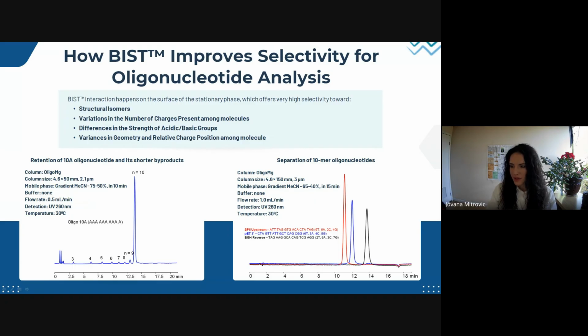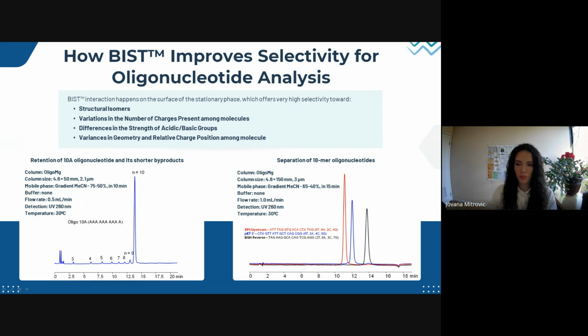On the left, we see separation of 10A oligonucleotide, a sequence made of 10 adenines, and its shorter byproducts, which can appear during synthesis. Despite the close similarity, the OligoMG column resolves the full-length product from these shorter fragments using a gradient from 75% to 50% acetonitrile in mobile phase.